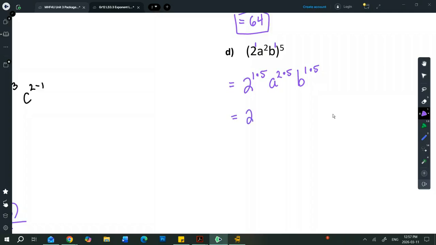So that just gives us 2 to the 5, A to the 10, and B to the 5.